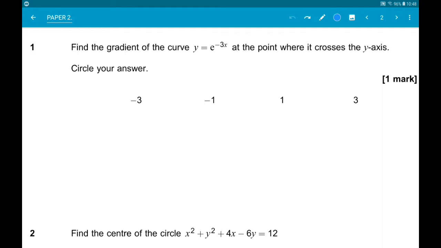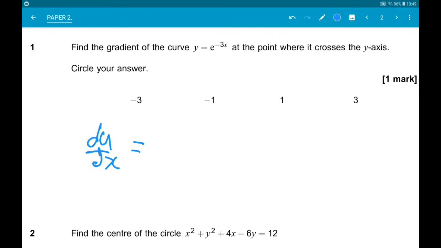Number 1. Find the gradient of the curve y equals e to the minus 3x at the point where it crosses the y-axis. Okay, so we need to differentiate and substitute in x equals 0. So dy by dx is, so to differentiate exponentials, we differentiate the power, stick that out front, and then multiply the original function.